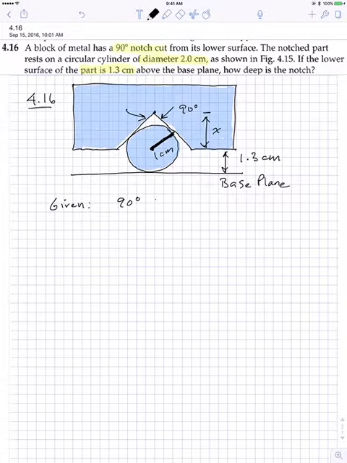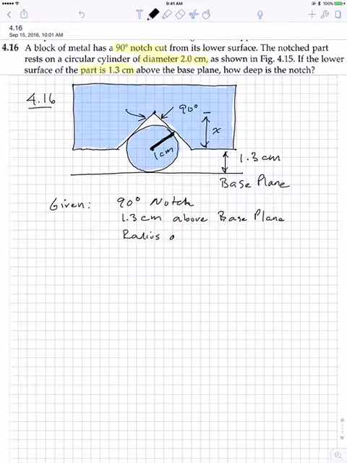We know we have a 90-degree notch, we're 1.3 centimeters above the base plane, and the cylinder has a radius of 1 centimeter.